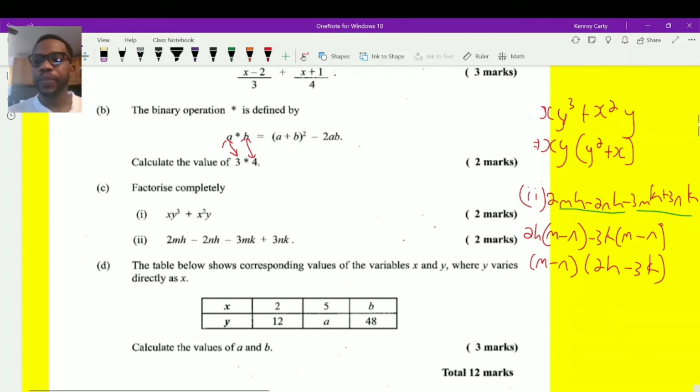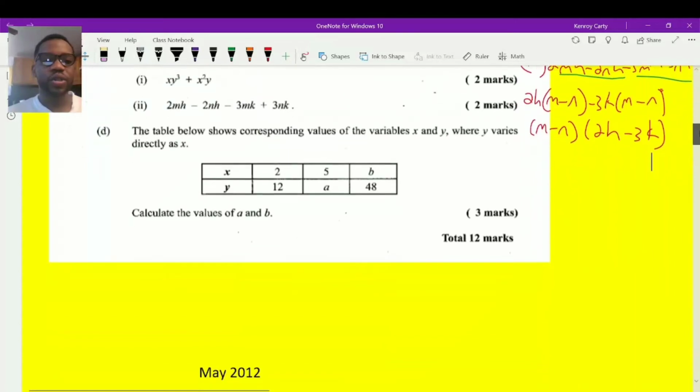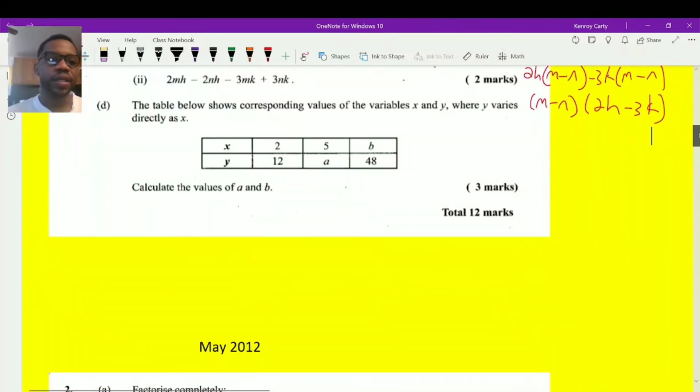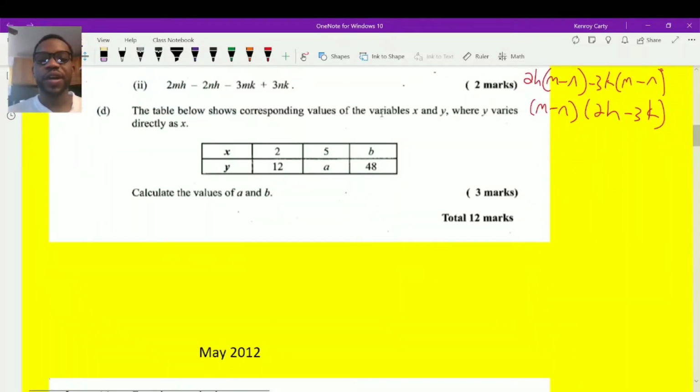Right, let's take it down to question D, as in dog. It says the table below shows corresponding values of the variables x and y, where y varies directly. All right, very good. Y varies directly. So let us use a symbolic representation for vary. Y varies directly as x.